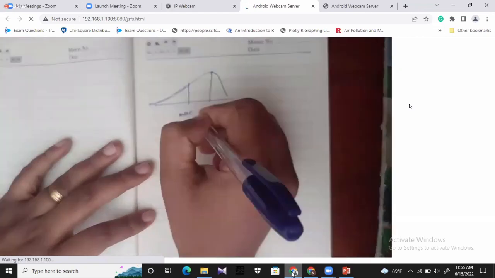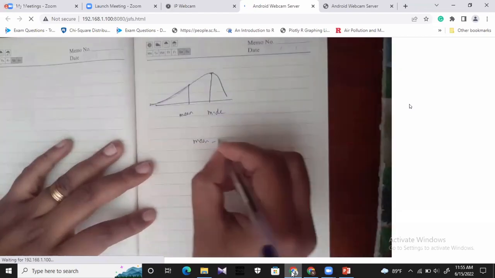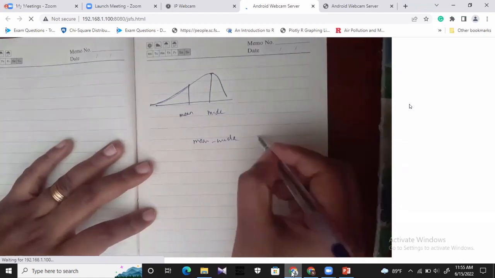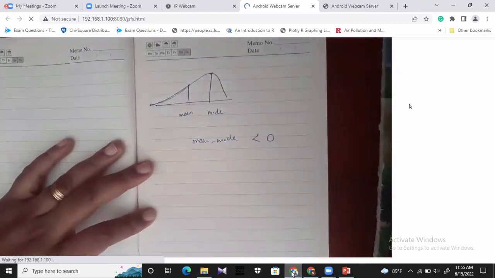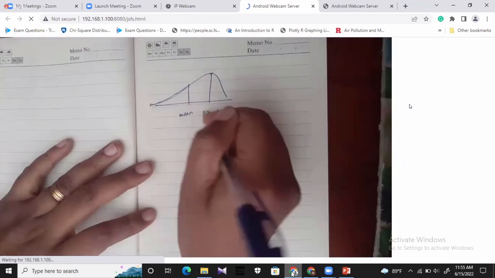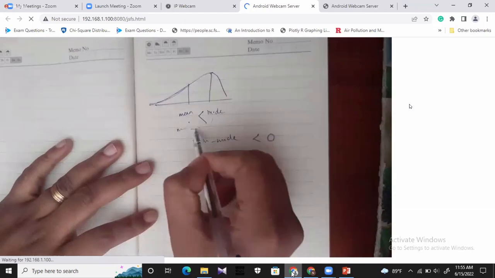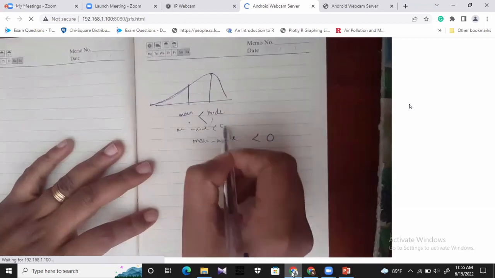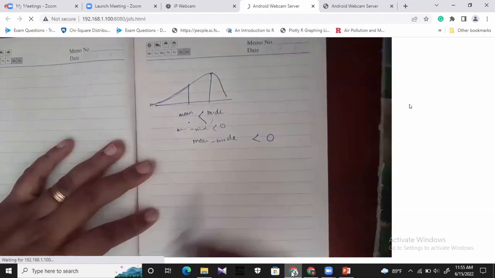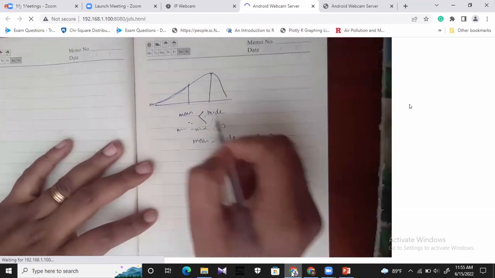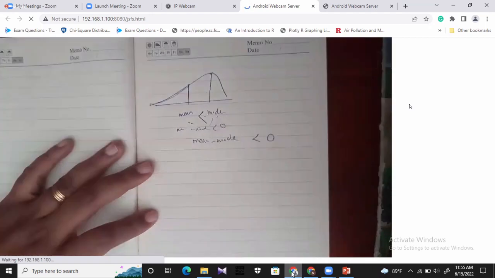So if you consider mean minus mode, definitely it should be a negative value, less than 0, because mode is greater than mean. So if you write mean minus mode, that is less than 0, no? Understand? If you take this mode to here, mean minus mode becomes a negative value.